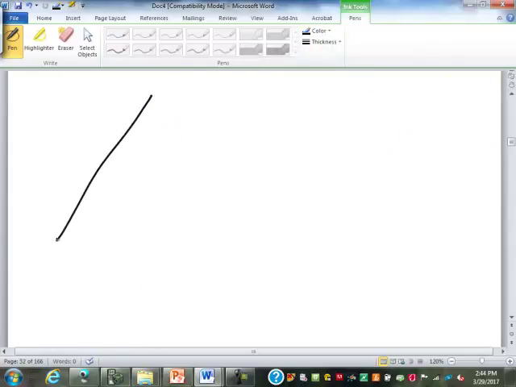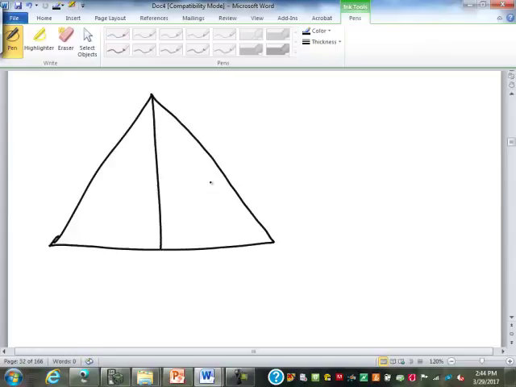So what if I have a roof? Oh, let's see. Let's put in a height here of, let's put this at 36 feet across here. And let's make this 6 feet high.